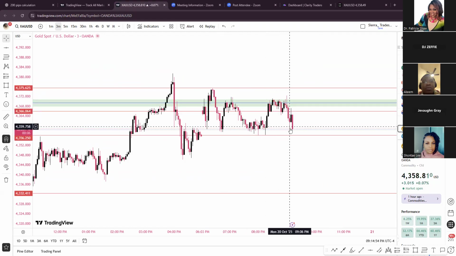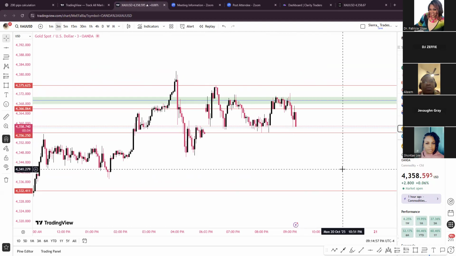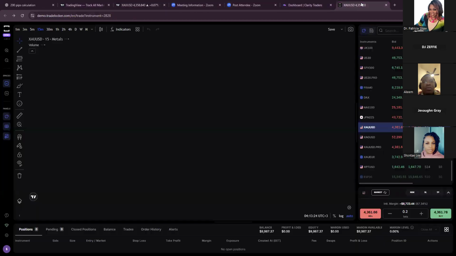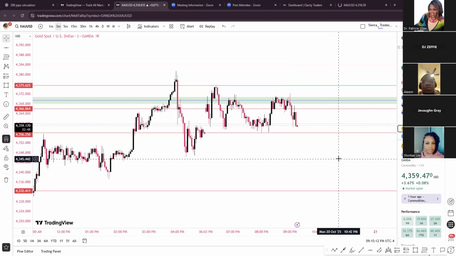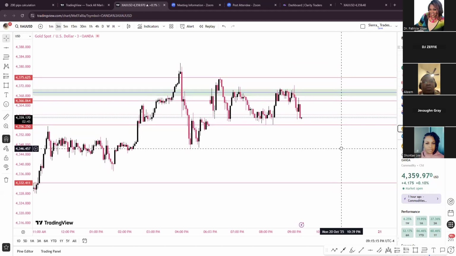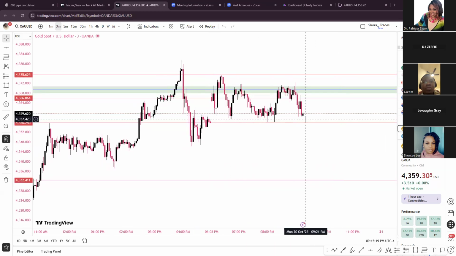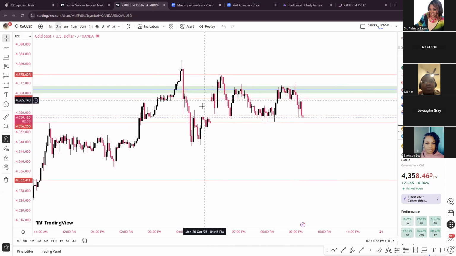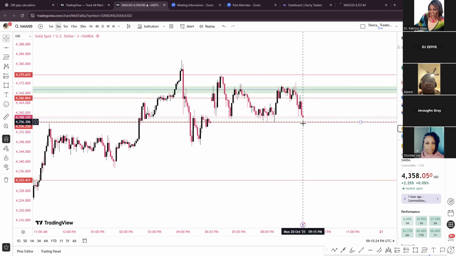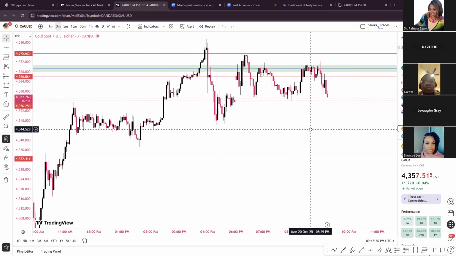Looks like it's trying to give us some impulsive move down. I need TradeLocker to work so I can put my trade in. Price is still consolidating here overall, though. This is why we want to wait for it to break out of that 4-hour area.